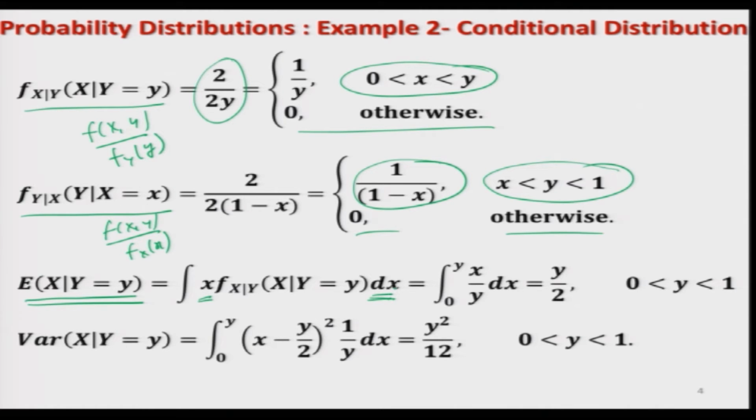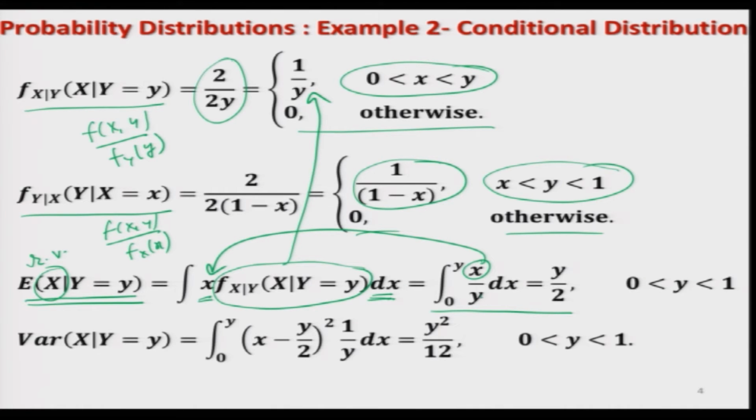That is what you have to keep in mind, because your x here is the random variable. So you write down the value of the conditional PDF that you have obtained, and then you solve this integral from 0 to y of x upon y dx, where x is coming from here and this y is coming from here.